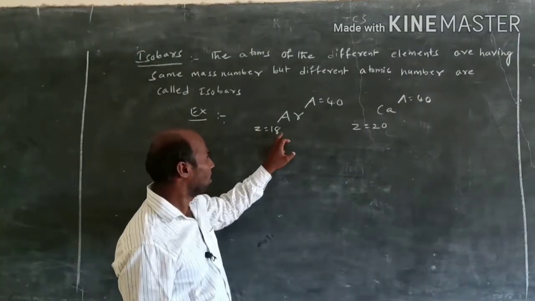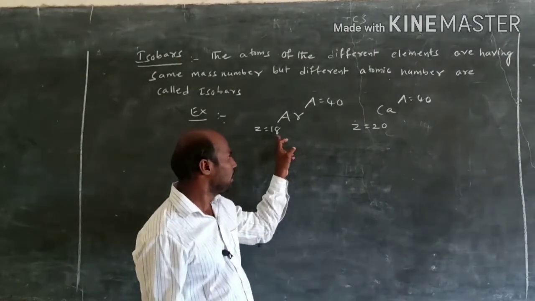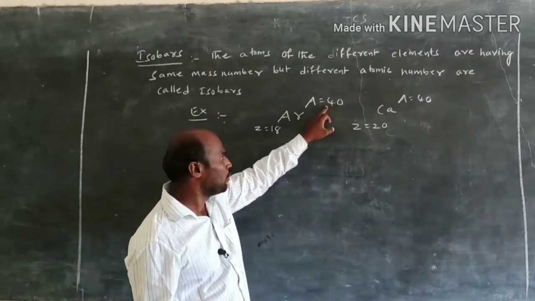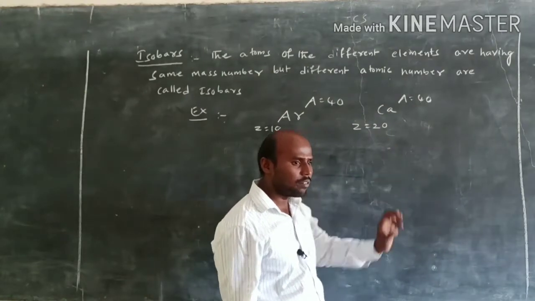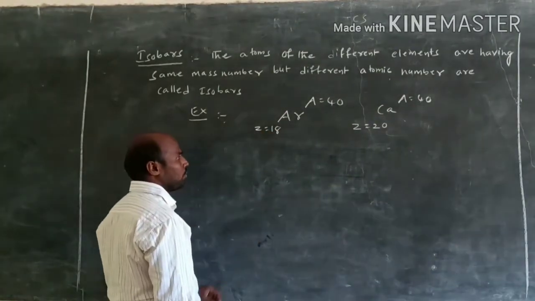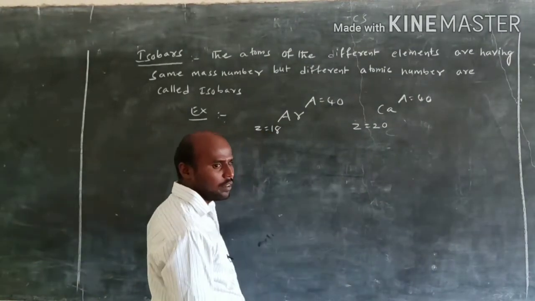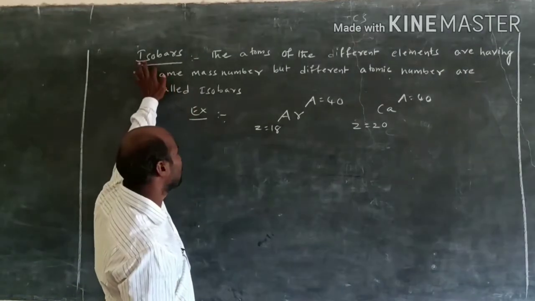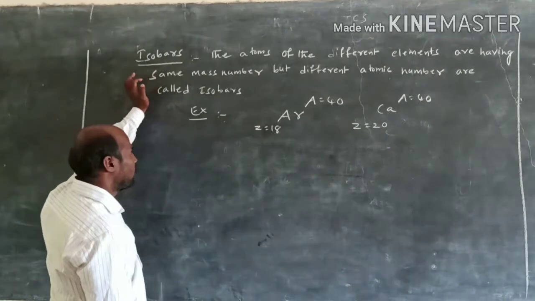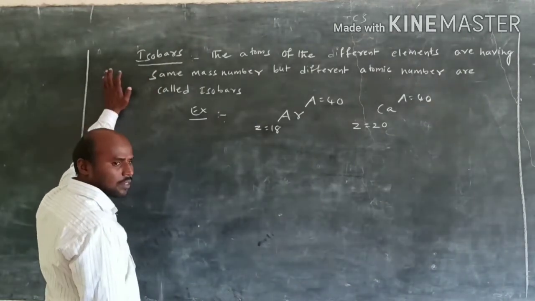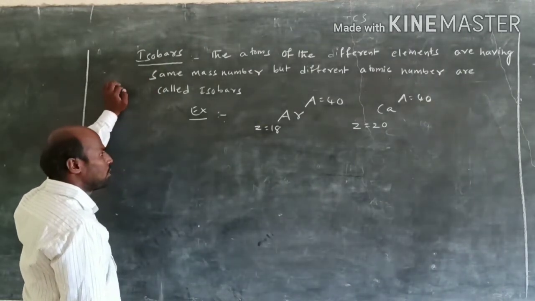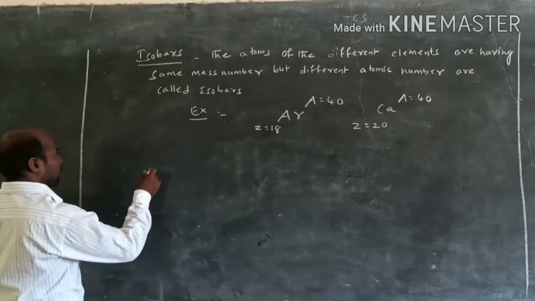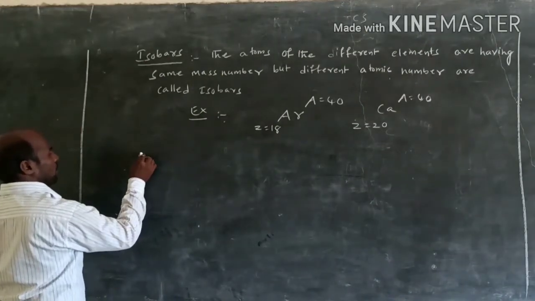So here atomic number will be different, 18, 20, and mass number will be same, here 40, here 40. Same mass number, different atomic number are called isobars. Next, we can take the isotones.